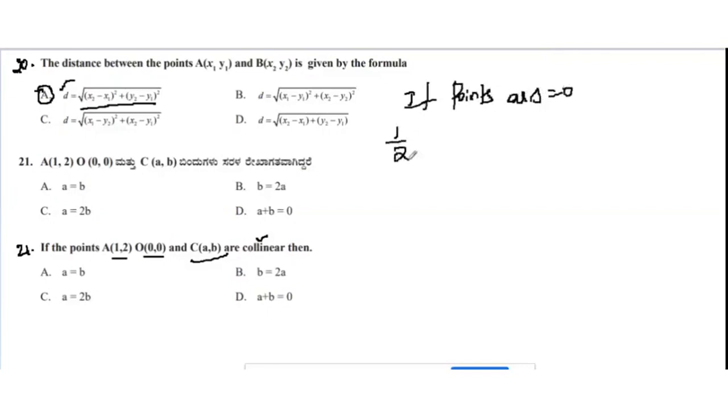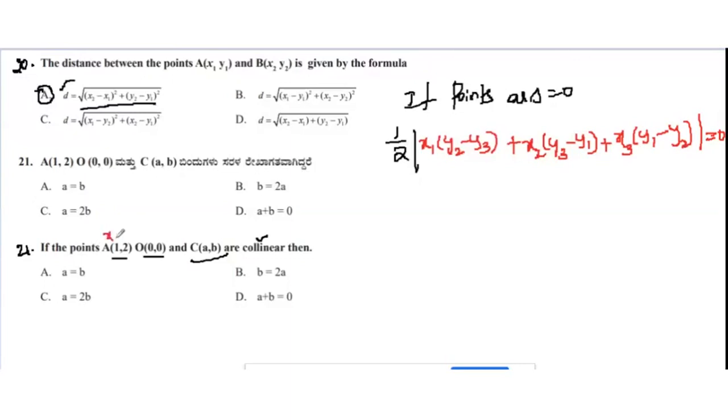We all know the area of triangle formula, half into x1 times (y2 minus y3) plus x2 times (y3 minus y1) plus x3 times (y1 minus y2). As the points are collinear, we have to equate it with 0.